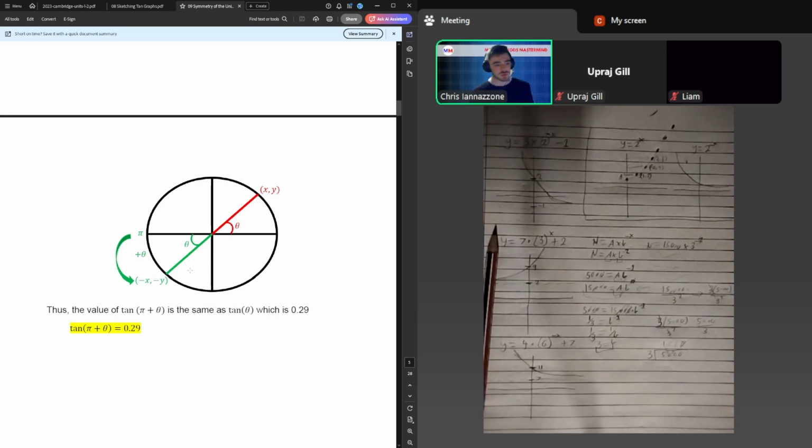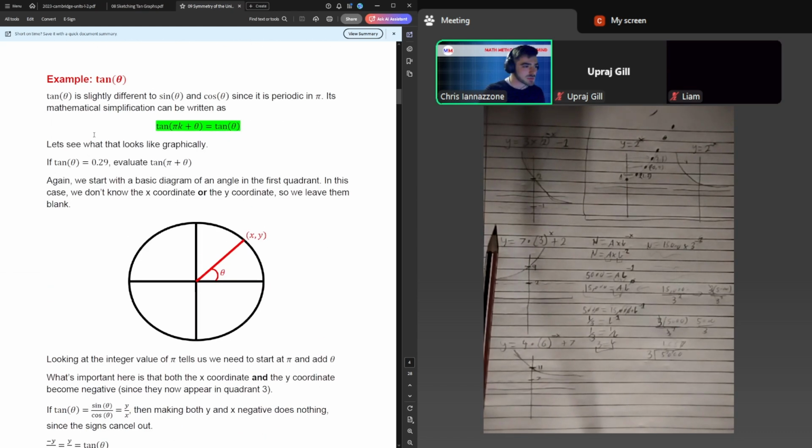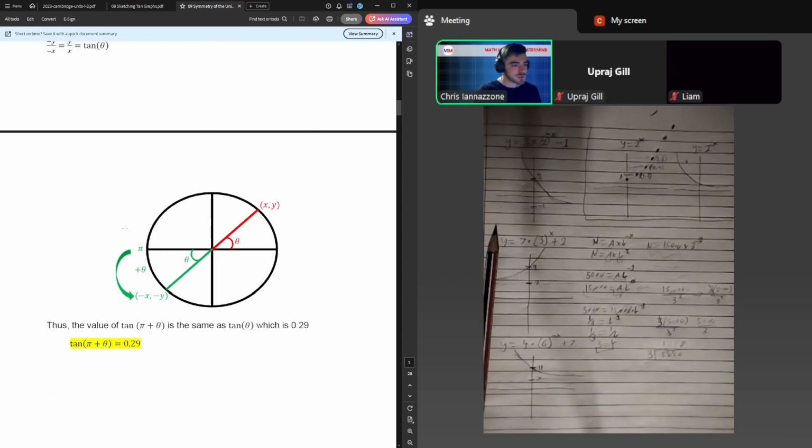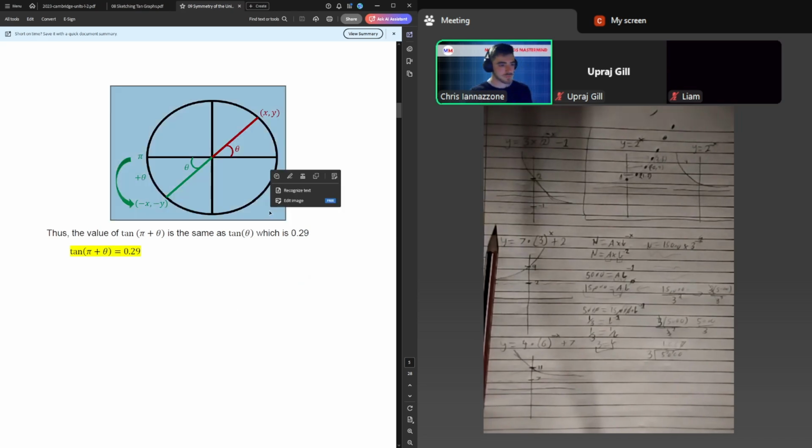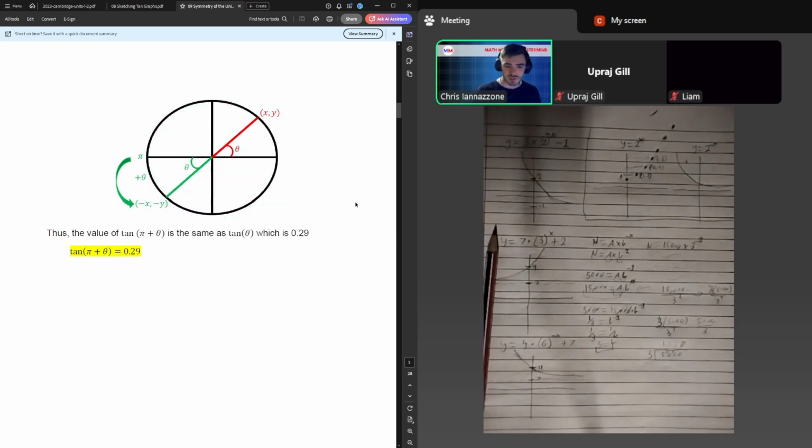Because we've ended up in quadrant 3, both the x and the y are going to go negative, whatever they were. Now, technically speaking, we didn't actually know what x and y were. We just know that y divided by x, that ratio, is going to be tan. Point being, if you make both the numerator and denominator of tan negative, it goes right back to being positive, right back to being where it was. So it's going to stay as 0.29. Any questions on those so far?